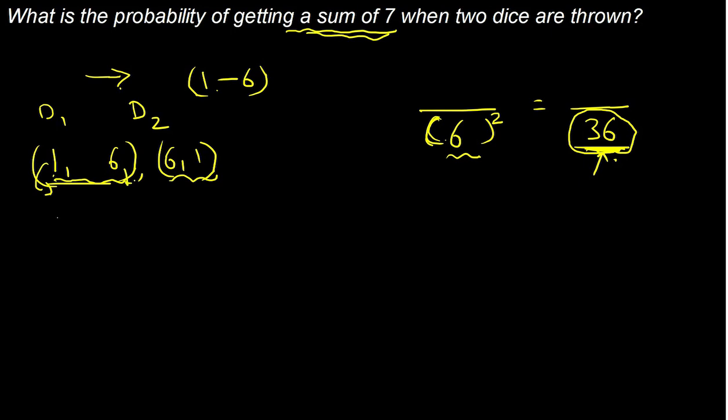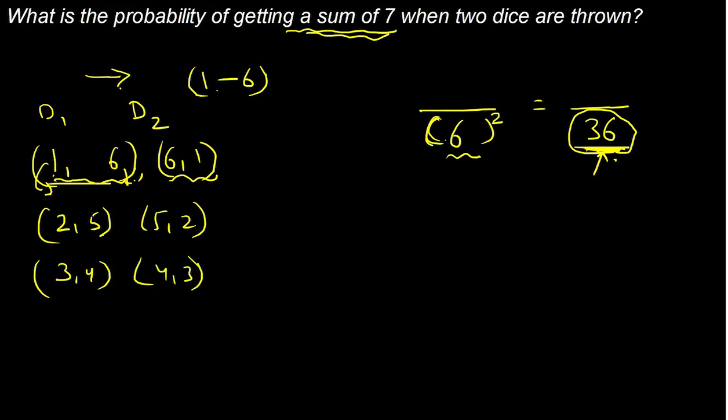So let's say this is 2, this is 5, 5 2, this is 3, this is 4, 4 3, because it's an odd sum, you can't take equal numbers like 3.5 3.5. So these are the only 6 cases out of how many? 36. So 6 by 36, so your answer is going to be 1 by 6. So getting a sum of 7 is going to be 1 by 6.